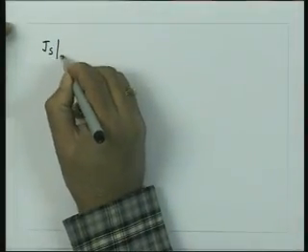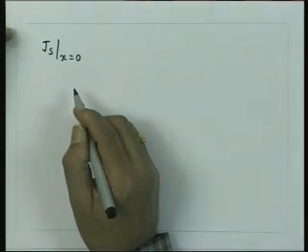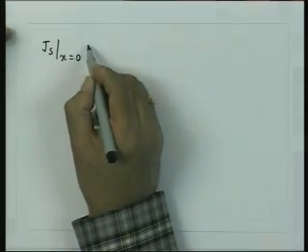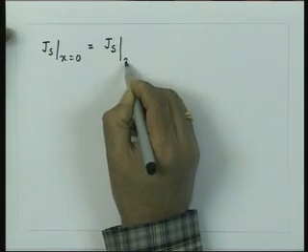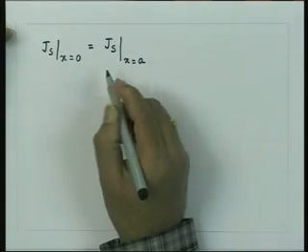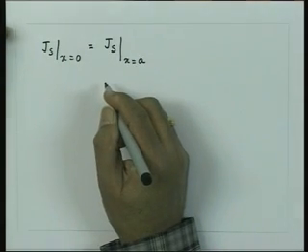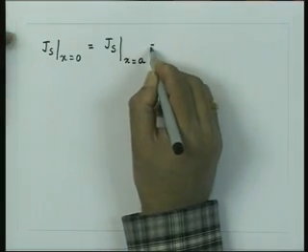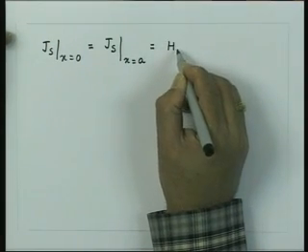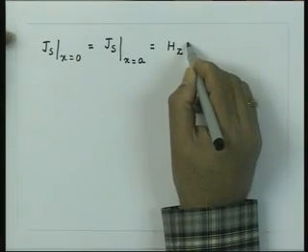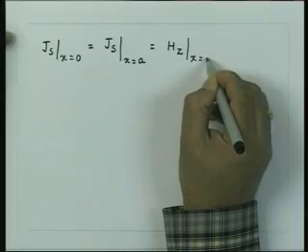So at x equal to 0, that is same as the surface current at x equal to a wall, and that is equal to the Hz at x equal to 0.